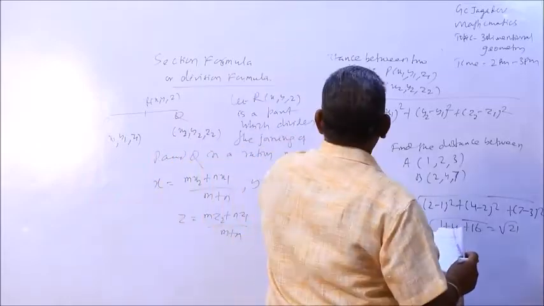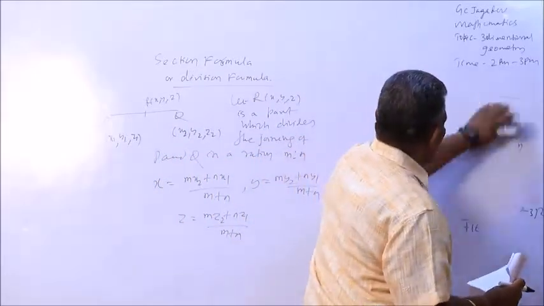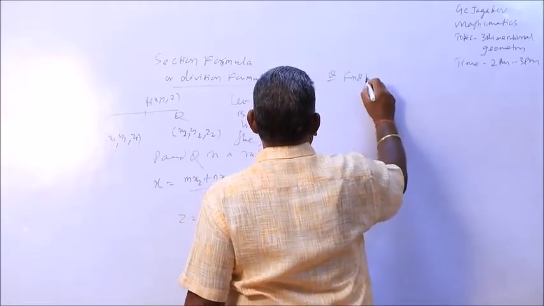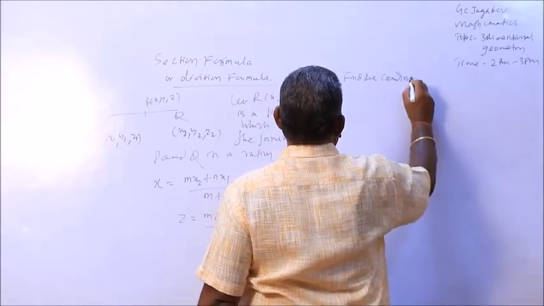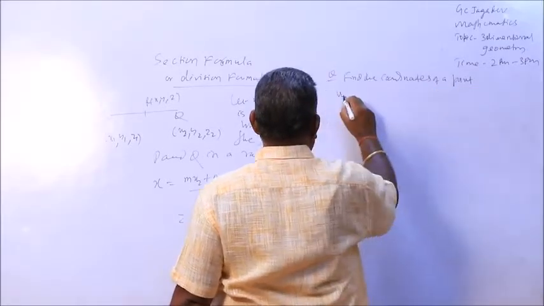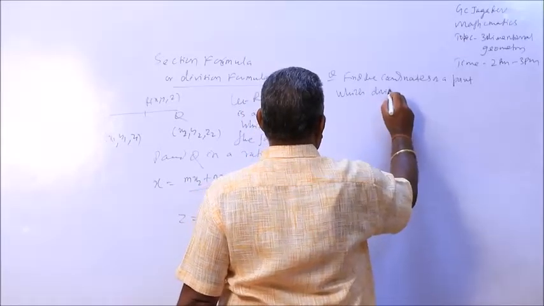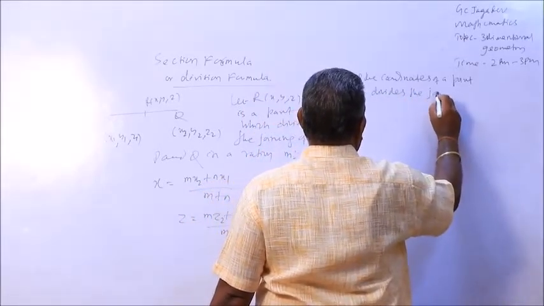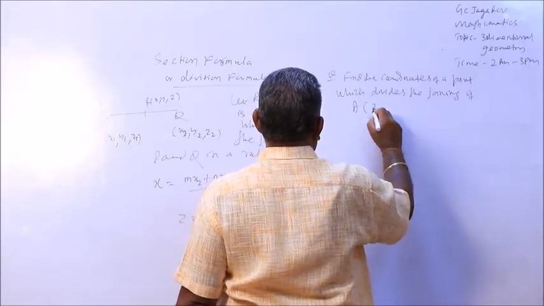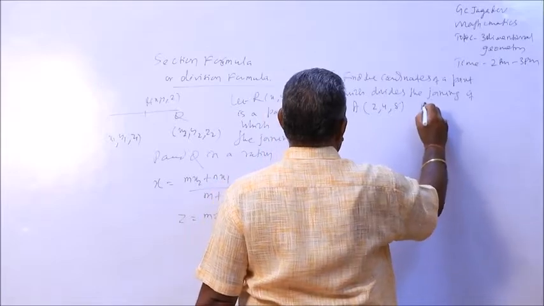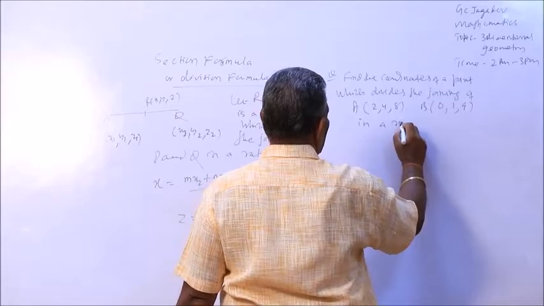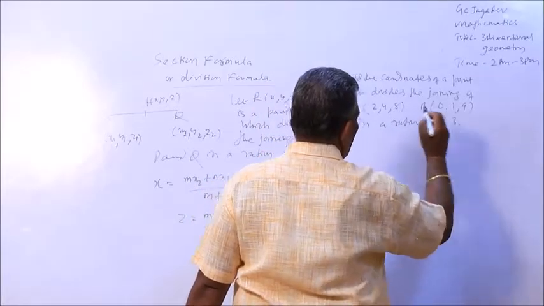Suppose we are interested to find the coordinates of a point which divides the joining of A(2, 4, 8) and B(0, 1, 9) in a ratio 2:3.